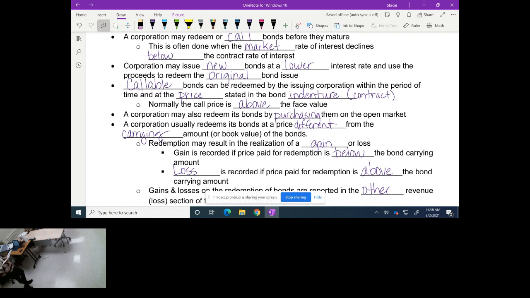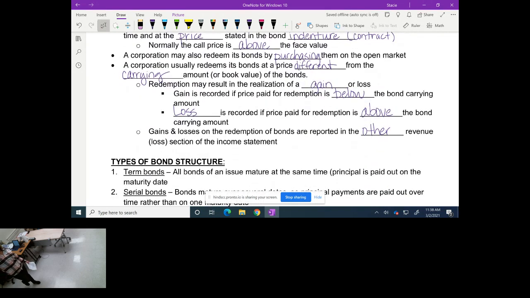So they're going to usually redeem them for a price different from the carrying amount. So when they do that, there will be a gain or a loss on redemption. If they have a gain, it's because the price they paid the bondholder for the bond is less than the bond carrying amount. And the reverse for loss.